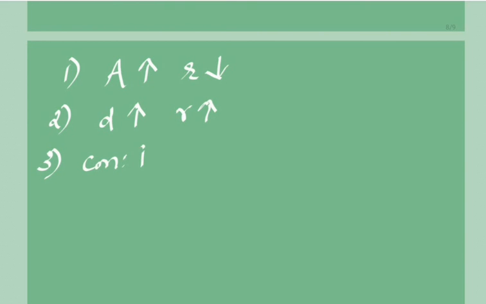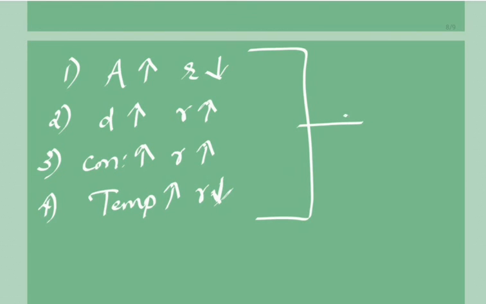The more the concentration of the electrolyte, the greater the internal resistance. And fourth factor is the temperature. The more the temperature, the less the internal resistance. So these are the factors affecting internal resistance.